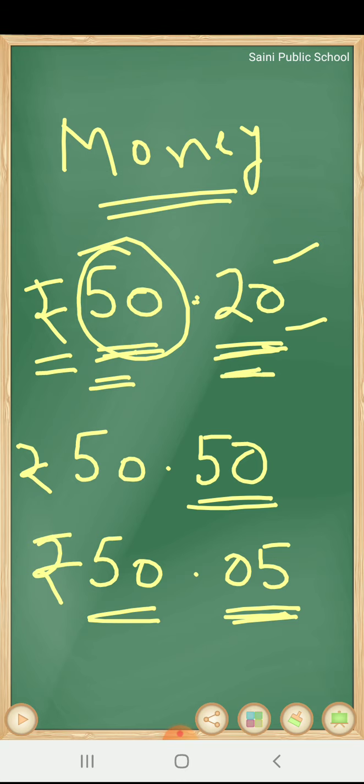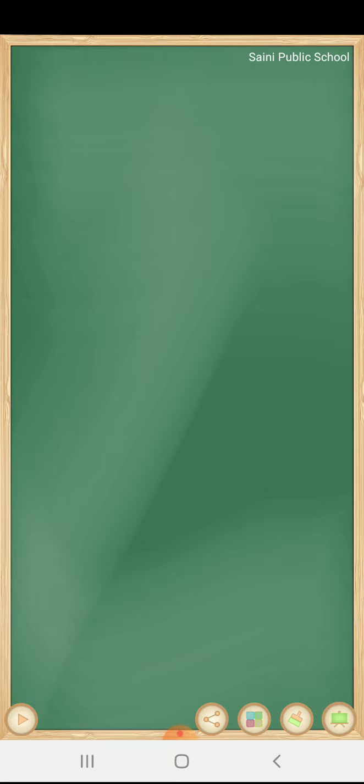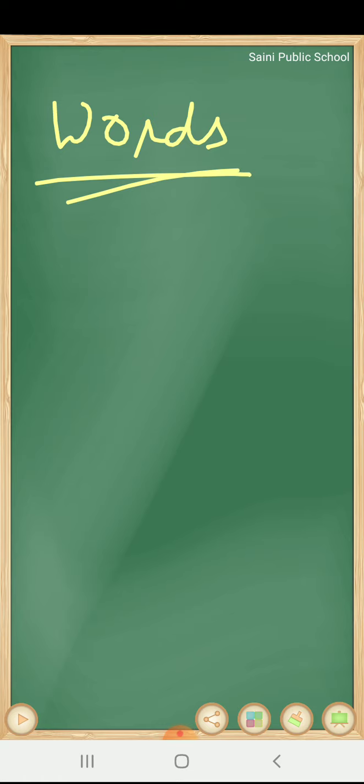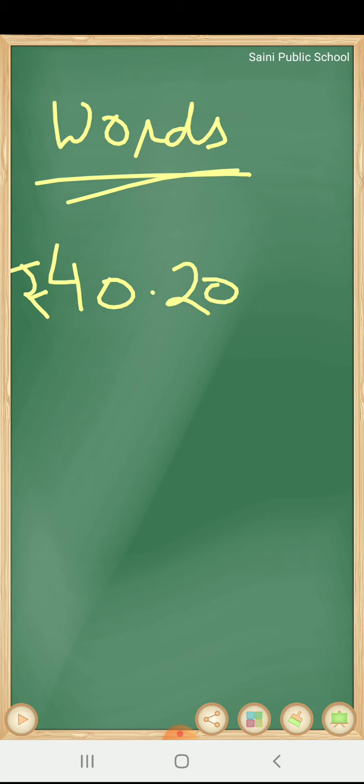Now we will discuss how we can write the amount in words and figures. First we will discuss how to write money in words. How we can write a given amount in words. For example, if I want to write 40 rupees and 20 paise, how can we write it in words?